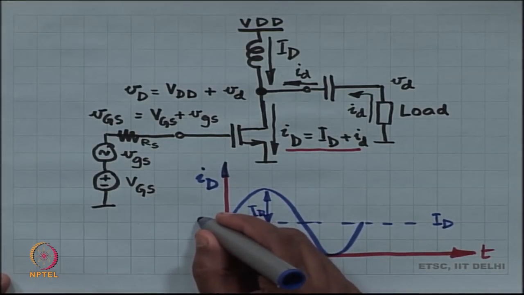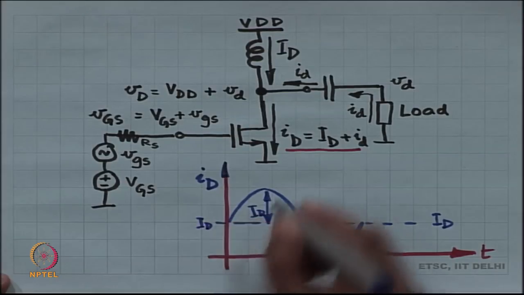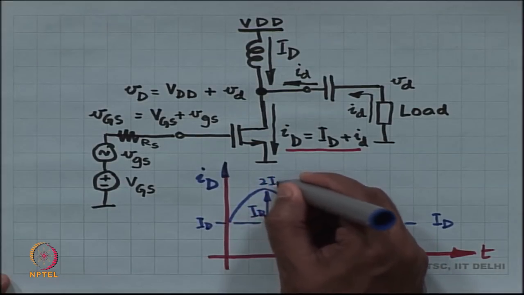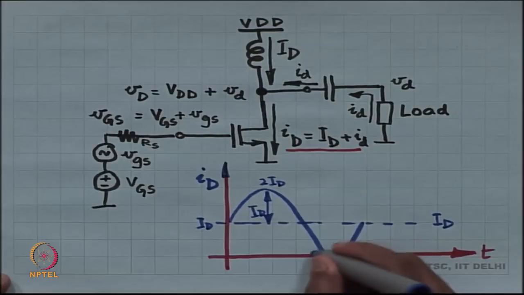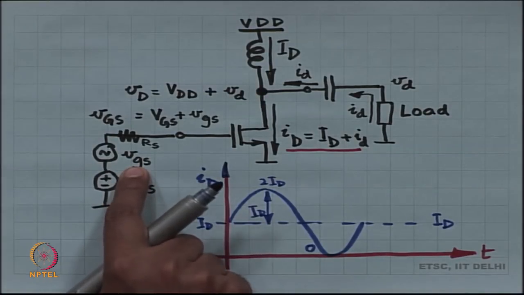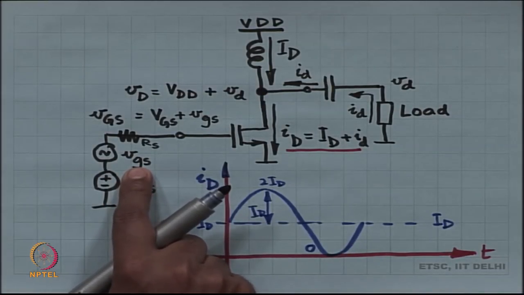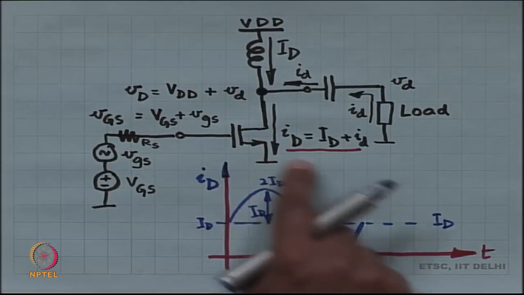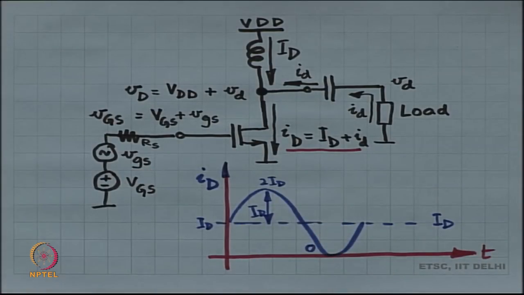So, basically you are going to start from capital I_D, you are going to go all the way up to 2 I_D, come back to I_D, come down to 0, right. That is the kind of waveform that you can have. This is the largest possible amplitude you can have, right. So, I can choose the amplitude of small VGS such that I get this largest possible waveform.